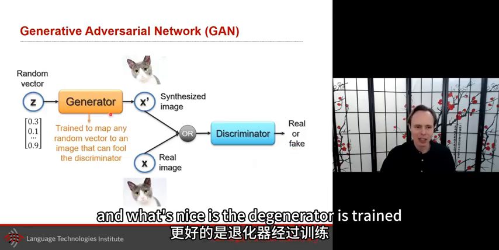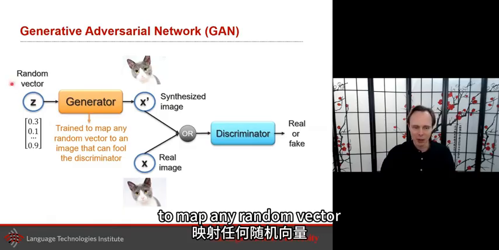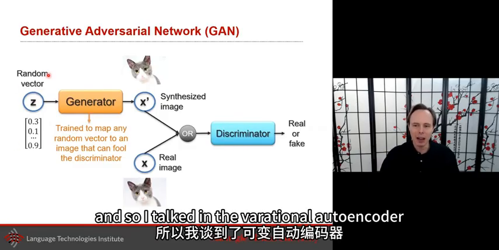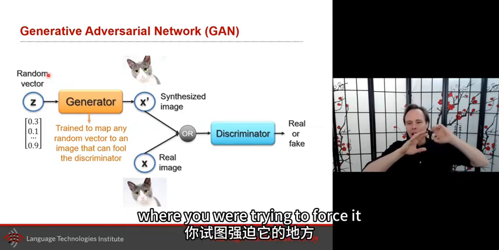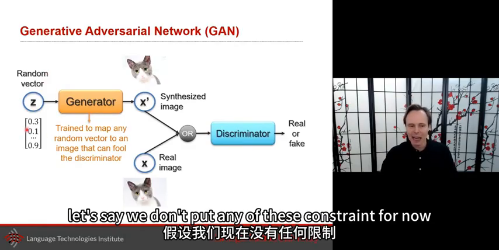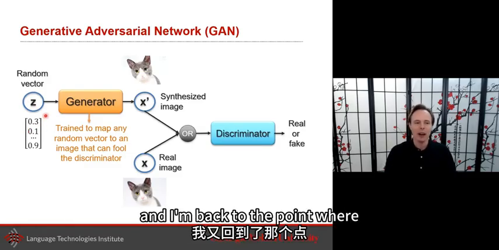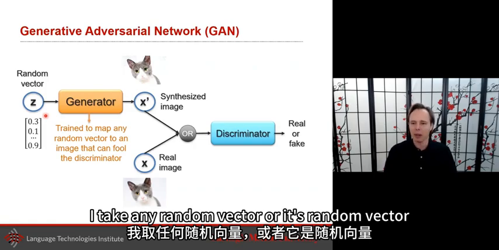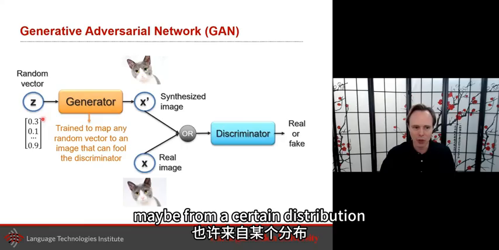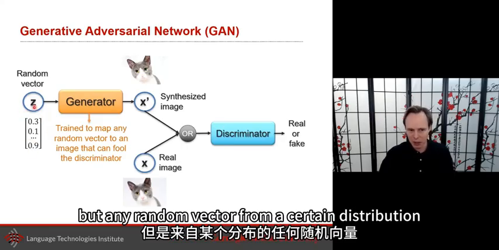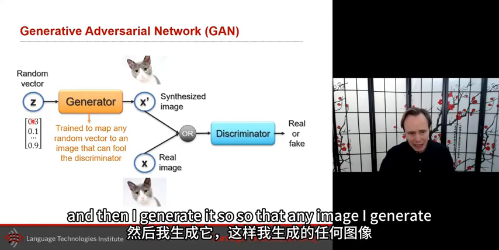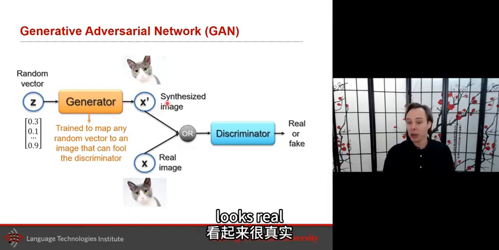What's nice is that the generator is trained to map any random vector, and I talked about the variational autoencoder where you're trying to force it to be Gaussian. But for now, let's say we don't put any of these constraints, and I'm back to the point where I take any random vector, maybe from a certain distribution, and then I generate it so that any image I generate looks real.